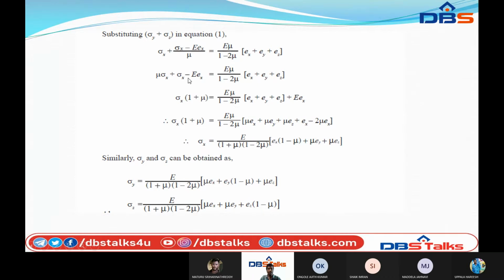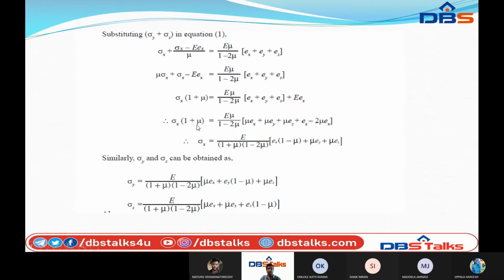This subtracting term will be transferred from LHS to RHS. In the LHS it is negative, transferred to the RHS it will be converted into a positive term, plus Ex.